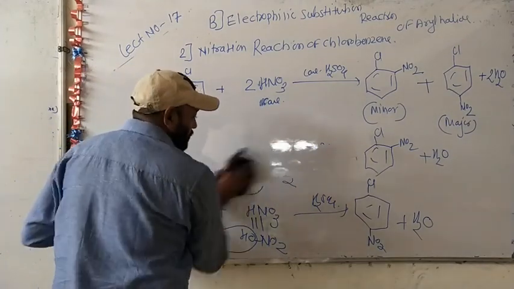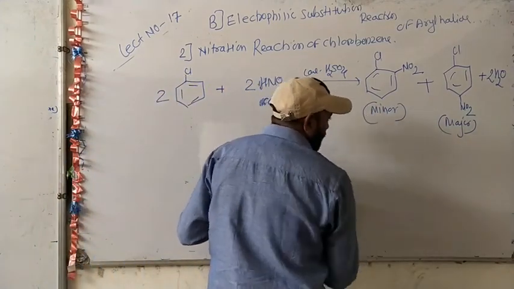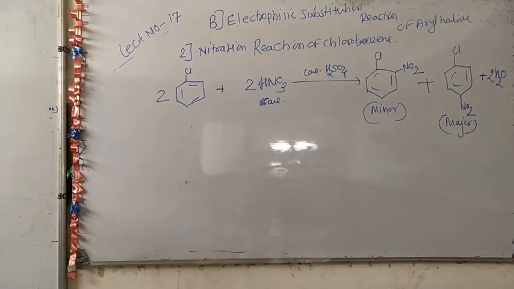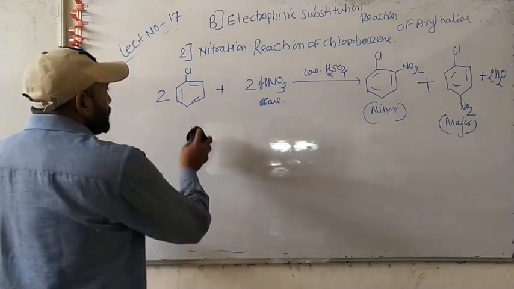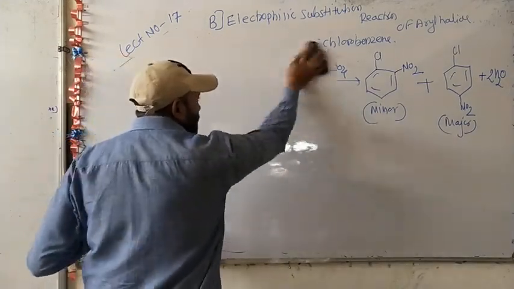So this finishes the second reaction of electrophilic substitution type, that is nitration of chlorobenzene. Now the next reaction is the sulfonation reaction.